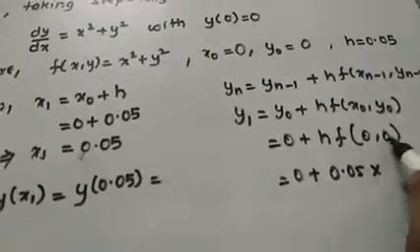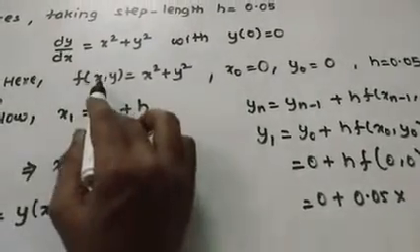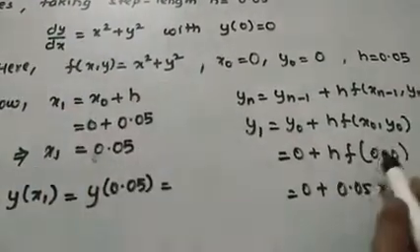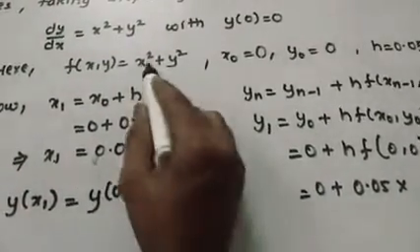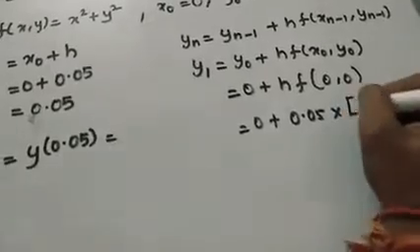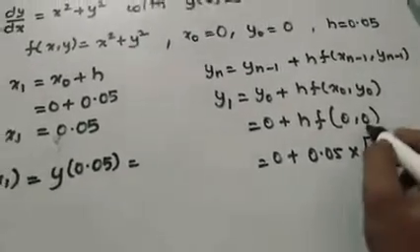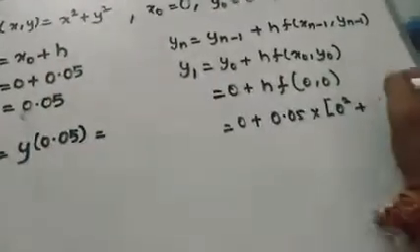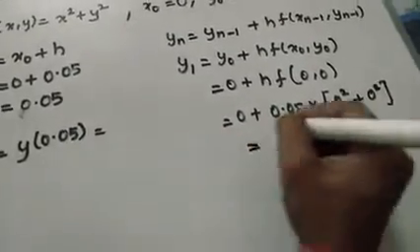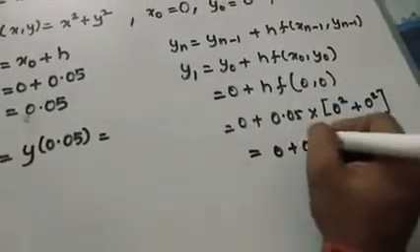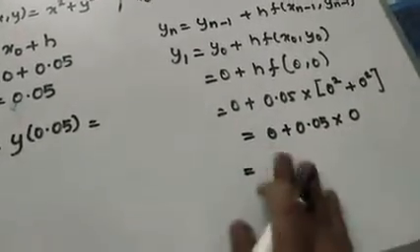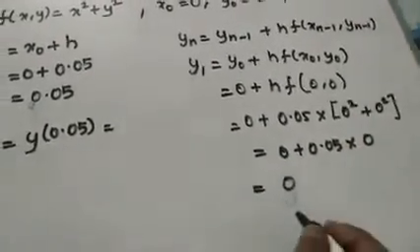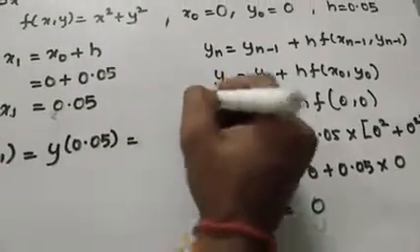So f of 0 comma 0, that means in place of x, the first one stands for x. So x is 0, the second one is 0. Putting here, in place of x we put 0 square, in place of y we put 0 square. So 0 square plus 0 square, finally 0. So y1 equals 0.